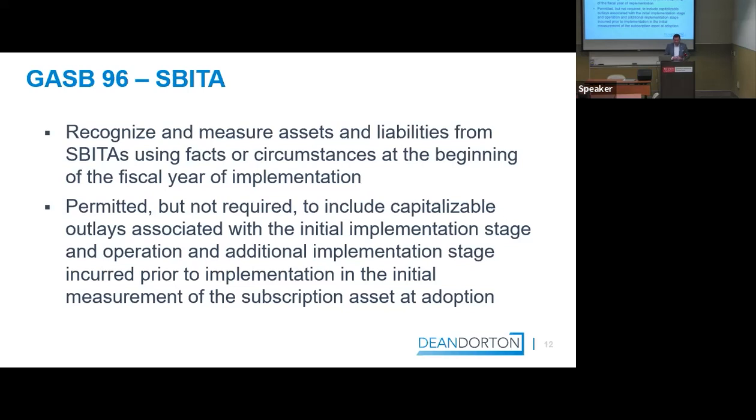But you're allowed to not just use the present value of future expected payments in that asset and liability. You're allowed to go back and see, did I have any costs incurred back in 2020 when we first took this on that we can add to the asset? You're not going to touch the liability, but you can add it to the asset. You don't have to, but you are allowed to.